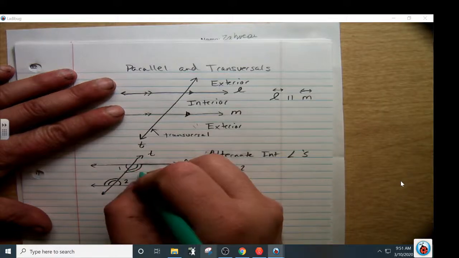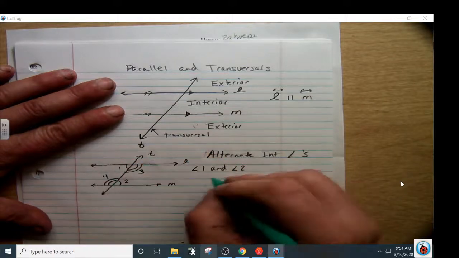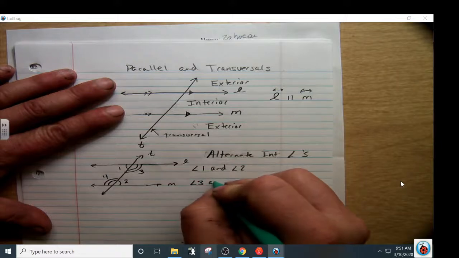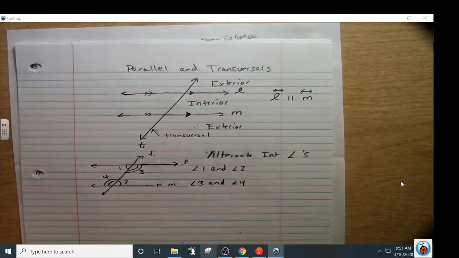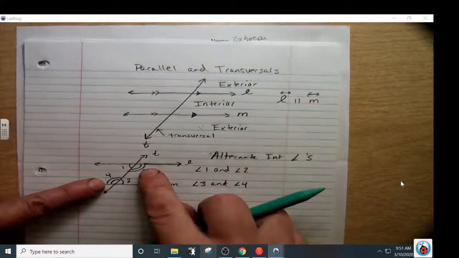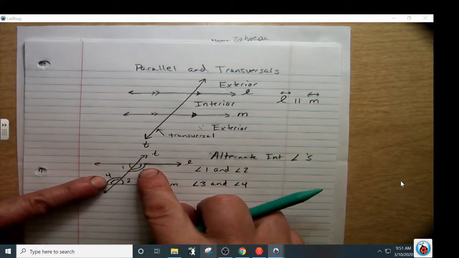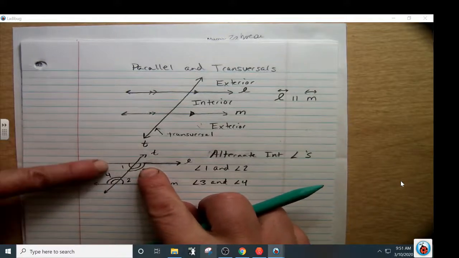And then angles 3 and 4 are also alternate interior, because one's on one side of the transversal, one's on the other, and they're both inside the two parallel lines.